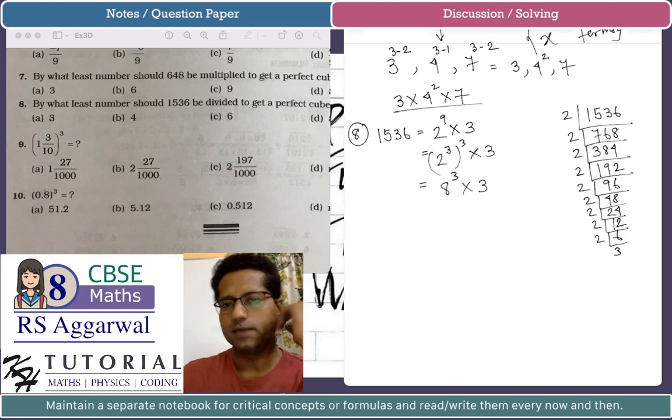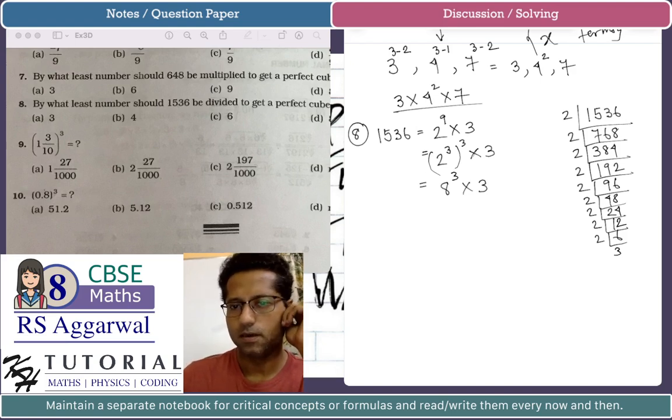Now what is the least number that we should divide 1536 by to make it a perfect cube? The only factor which is not part of any triplet is the factor 3. So if we eliminate 3, that is, if we divide 1536 by 3, then it will become 8 cube, which will be a perfect cube.